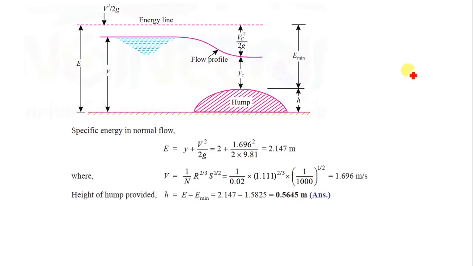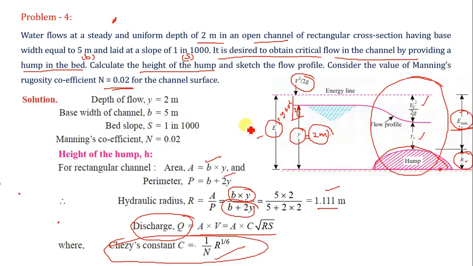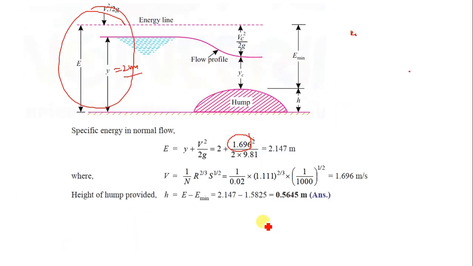Now let us find out the specific energy at the first section, this section here. I already know the depth is 2 meter. So let us find out what is the capital V. So discharge is already calculated from this equation. What is this equation? C into root over RS. You can use that equation, and I got 1.696 as the velocity. Velocity equals 1.696.